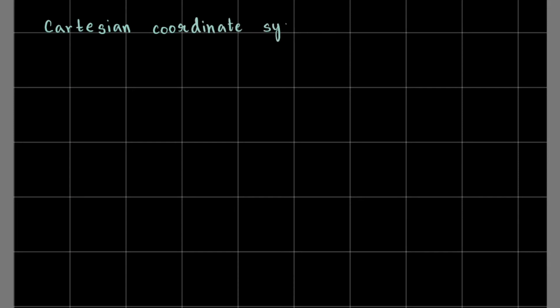In a similar fashion, in physics, we have something known as the Cartesian coordinate system. Basically what that entails is you get a graph such as this.